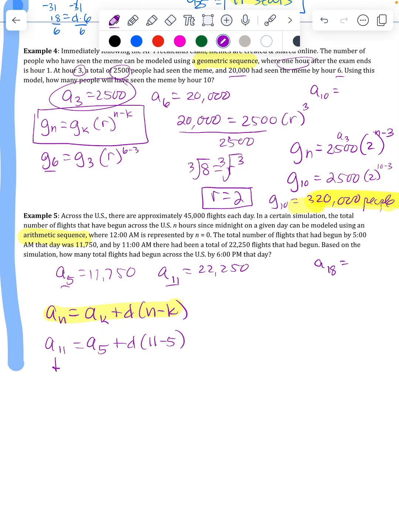What can I plug in? I know that A11 is 22,250. I know that A5 is 11,750. I do not know the common difference, but I know that I will use it 6 times. So now I'm going to do a little bit of Algebra 1 to determine where I'm at with that.